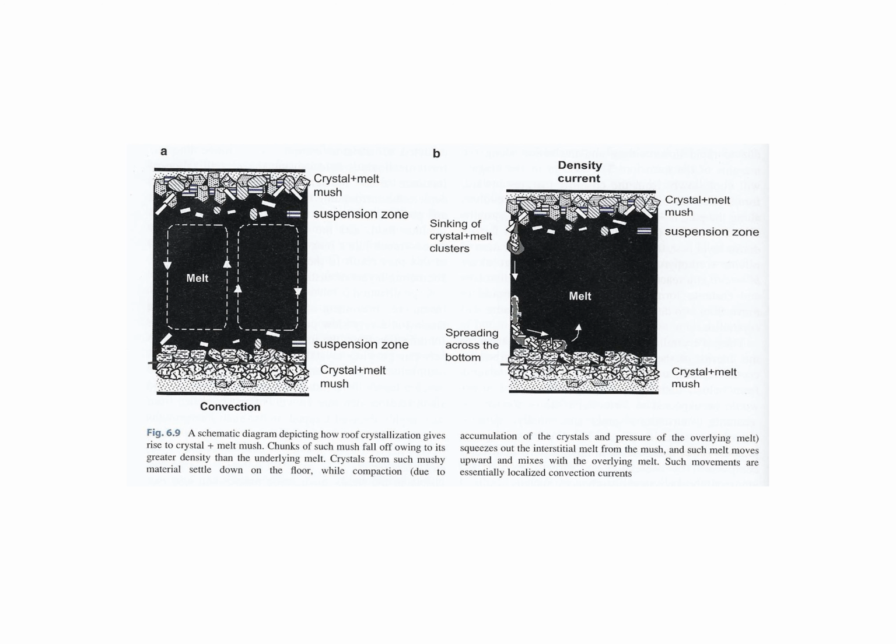Crystals from such a mushy material settle down on the floor, while compaction due to the accumulation of the crystals and pressure of the overlying melt squeezes out the interstitial melt from the mush, and such melt moves upward and mixes with the overlying melt.